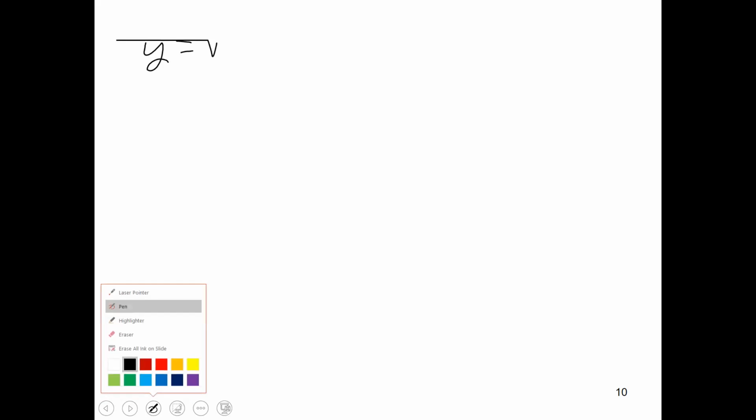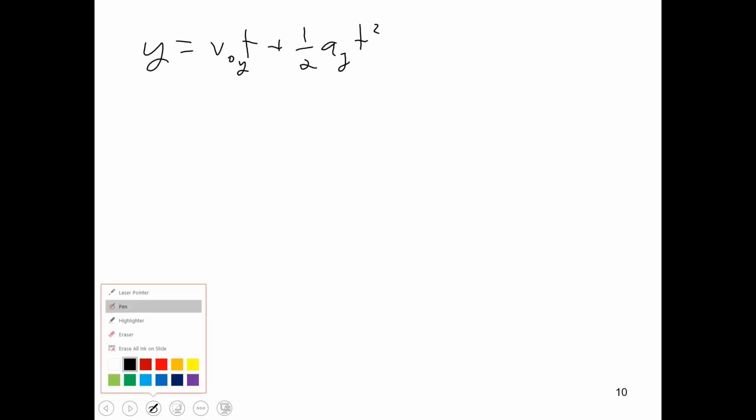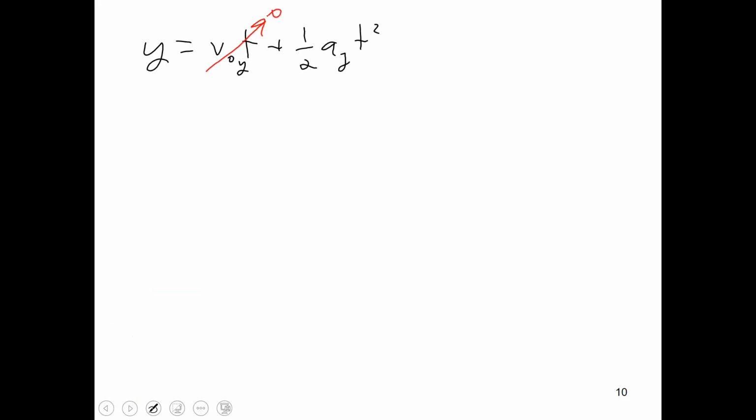So looking at my equations, I think the one that I want to pick is y is equal to v naught y t plus 1/2 a t squared. And my initial velocity in the y direction, we said this was 0 because the dart initially is traveling horizontally.